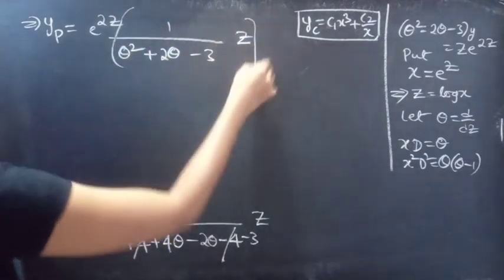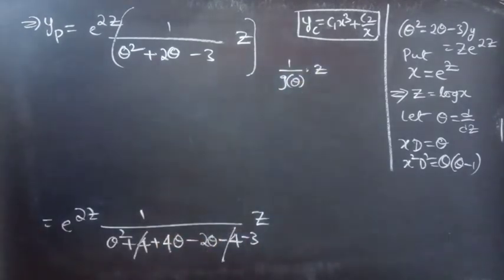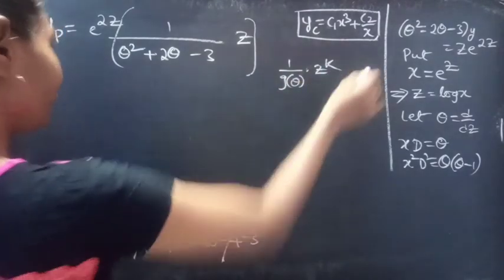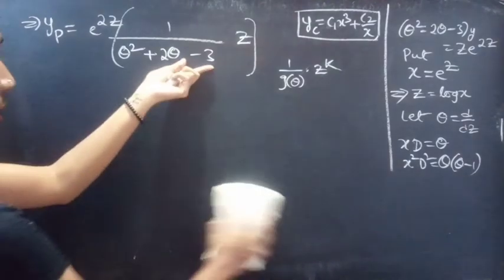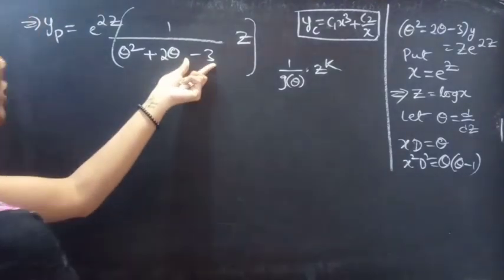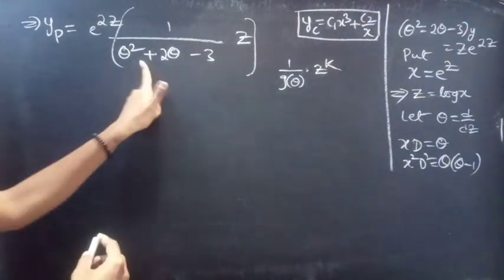So this is of the form 1 by some function of theta into z. Now take the lowest degree term from the denominator common. We'll take minus 3 common from all these terms.